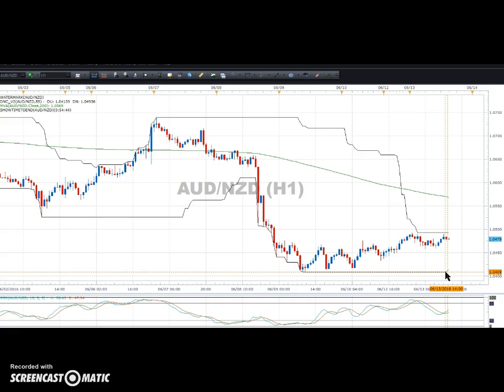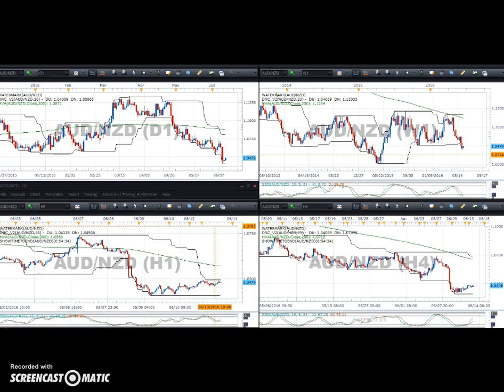Aussie still weak across the board, New Zealand dollar strong across the board. When that alarm hits, then I would contemplate going into the trade. And again, based on what I see on the longer term charts, I'd definitely be interested in doing that if things remain the same in the market.